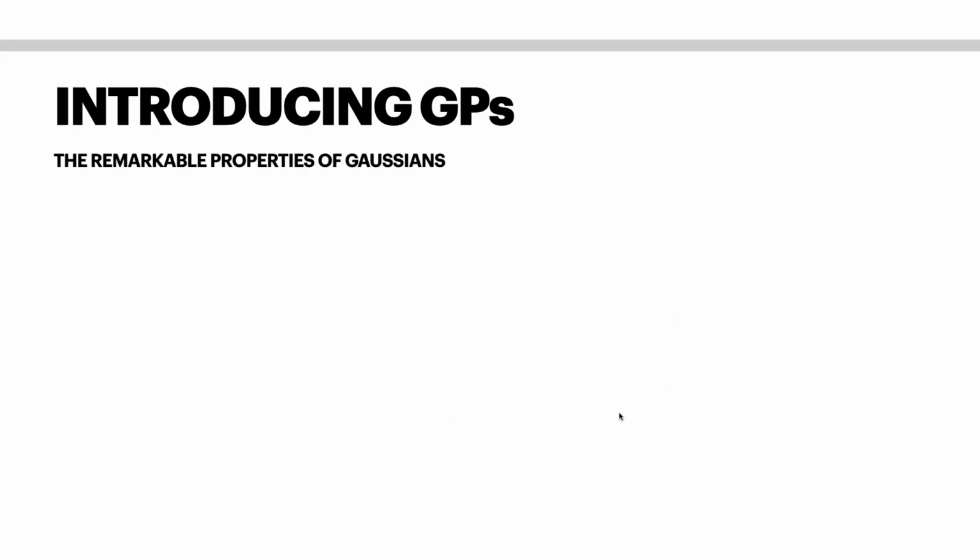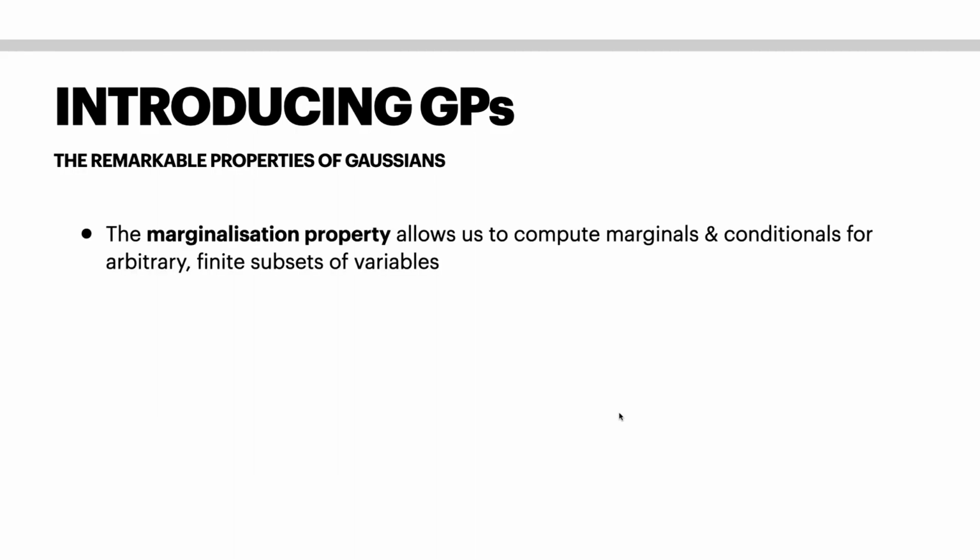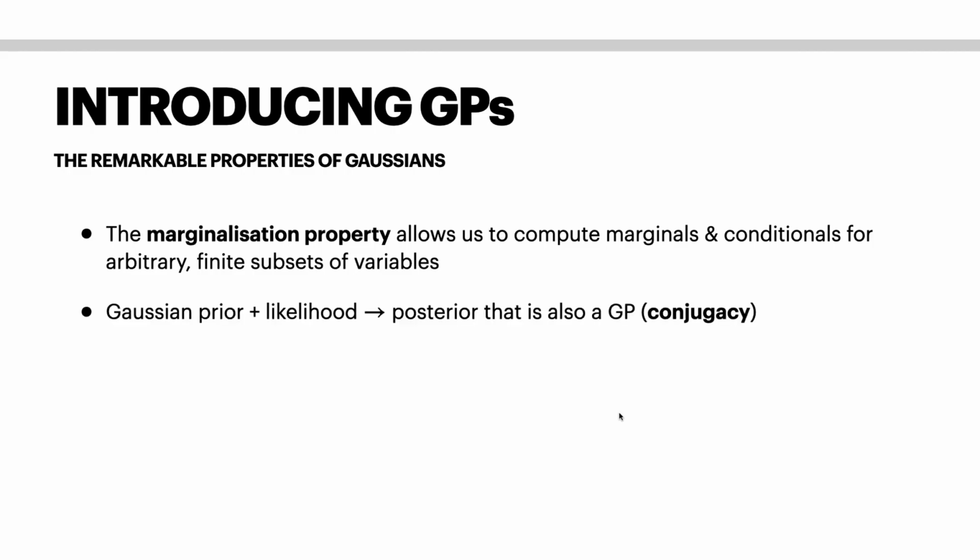Okay, now you might well say, if GPs are infinite dimensional objects, how can we actually work with them in practice? It turns out that the remarkable properties of Gaussian distributions allow us to integrate out all of the infinitely many values we're not interested in, so that we can evaluate marginal and conditional distributions analytically for any finite number of values we are interested in.